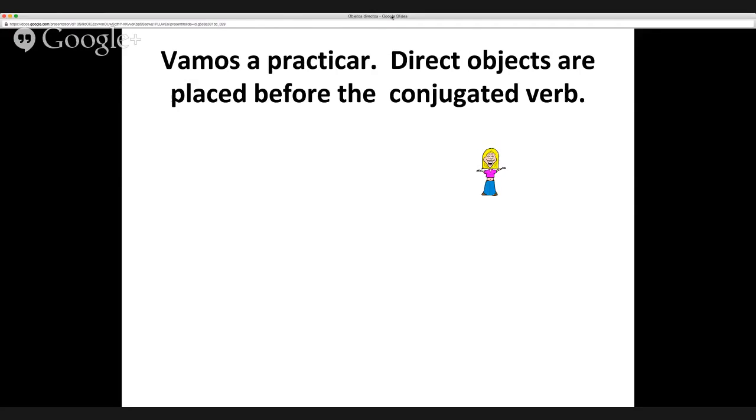You place direct object pronouns before the conjugated verb. So these little pronouns will go before the conjugated verb. Let's look at a few examples. Let's go back to Antonio hace la reservación. If we want to make that sentence shorter and say Antonio makes it instead of Antonio makes the reservación, all we have to do is decide what direct object pronoun would likely take the place of la reservación.